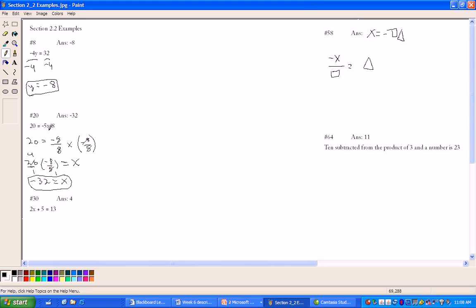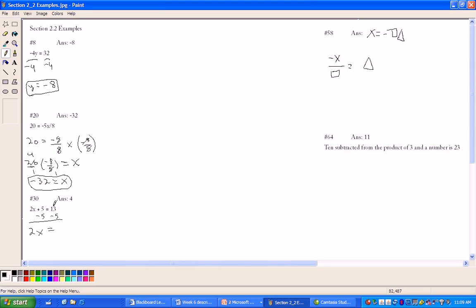Now we're going to have to do addition and multiplication on this one. 2x plus 5 is equal to 13. We like to get our variables on one side and constants on the other. I see I have a variable on the left, no variable on the right, a constant on the left, and a constant on the right. I'm going to move my constants over. We get rid of the 5 by subtracting 5 on both sides. It's going to be 2x equal 13 minus 5, which gives us 8.